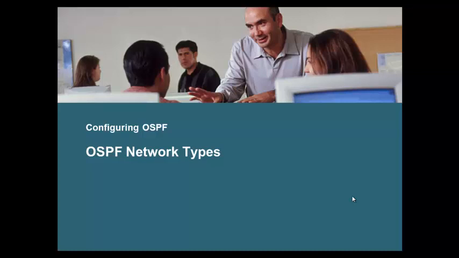What we have seen so far is that this is point-to-point, and this is broadcast because I have Ethernet. Here there will be a DR and BDR, and here there is no DR or BDR. So these are the 2 different network types we have seen so far.